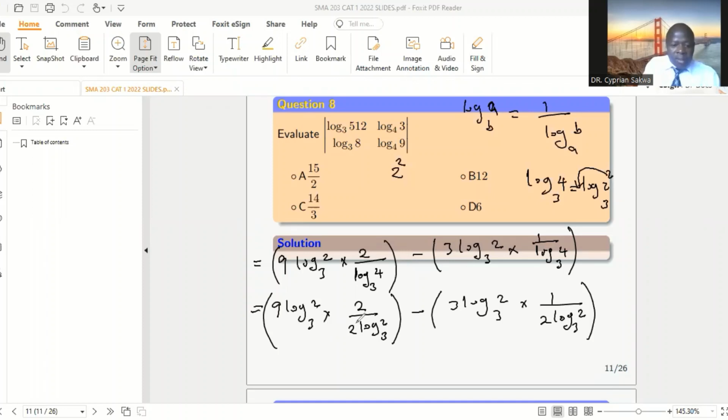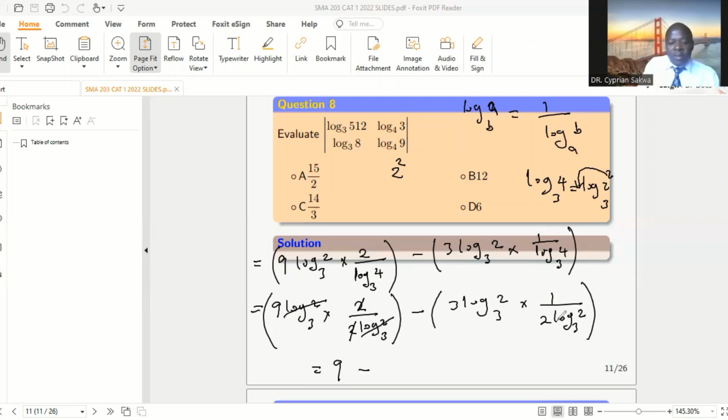Now you can see that these 2 can cancel. And you can see here I have log of 2 to base 3 and log of 2 to base 3 in the denominator. So you can see that I'm left with 9 in this bracket. These are the brackets.